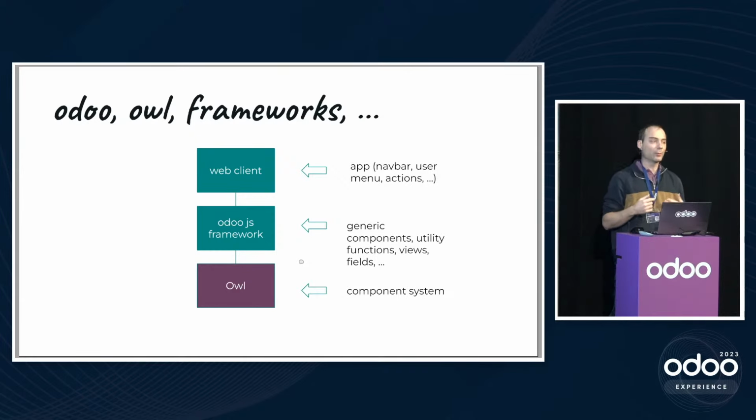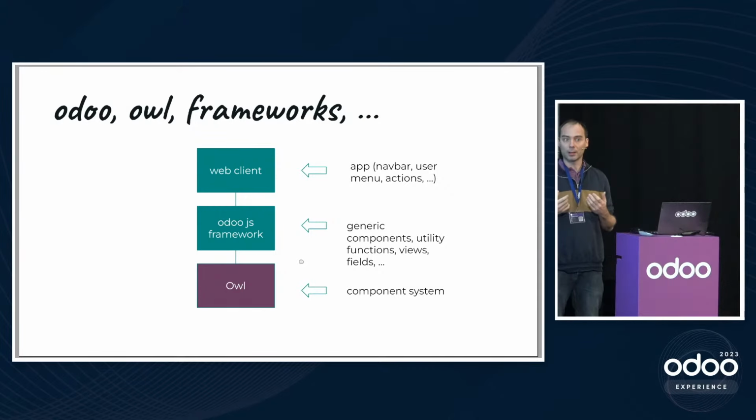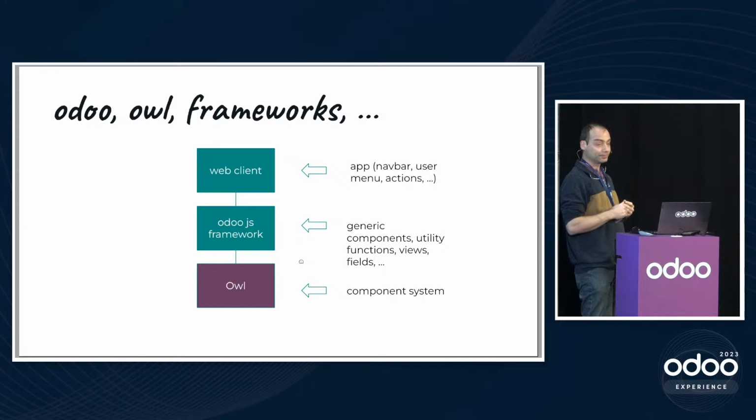And sometimes we talk at Odoo about the JavaScript framework, and when we do that, we actually mean a little bit more than OWL. OWL is just the underlying component system, and on top of that, you have a lot of generic code in the Odoo code base, mostly located in the web add-on, that gives you a lot of features to build applications.